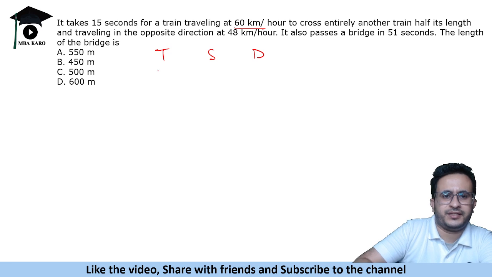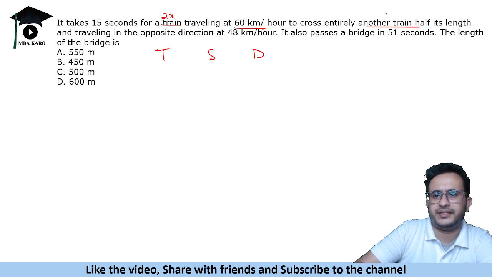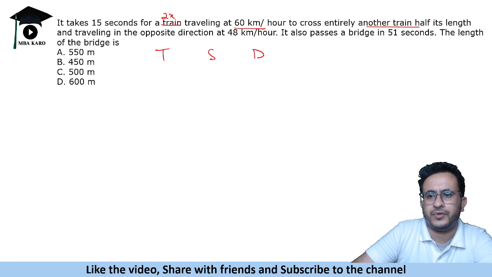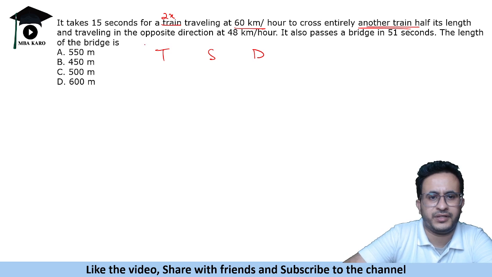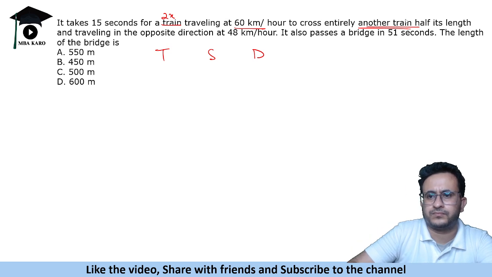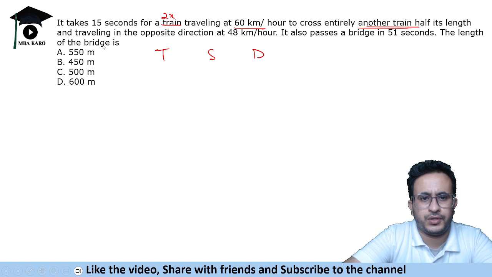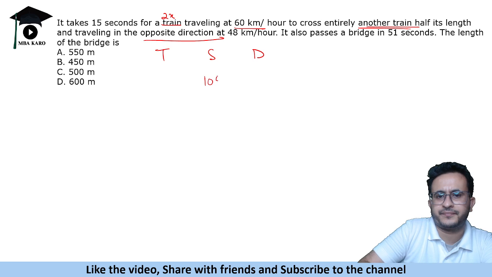Let's say the main train that we are talking about has length 2x, and the other train has length x. They are moving in opposite directions at 48 km per hour, so the relative speed is 108.